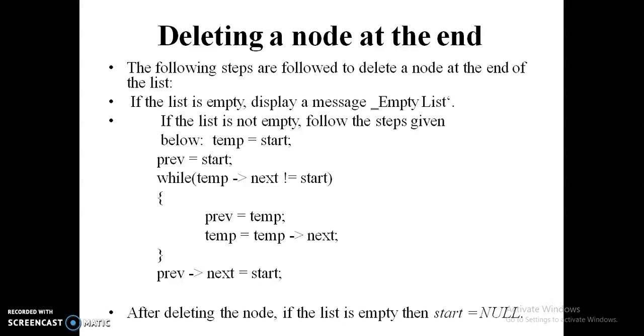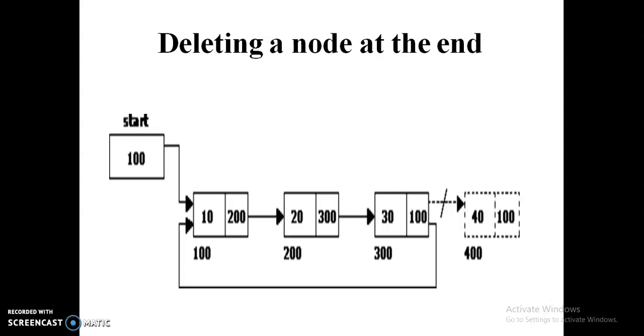So the last node is deleted from the circular linked list. Here we deleted the 40 node. The 40 node's previous is the 30 node, so the 30 node's next becomes the start, the 100 address. So the 40 node is removed from the memory.